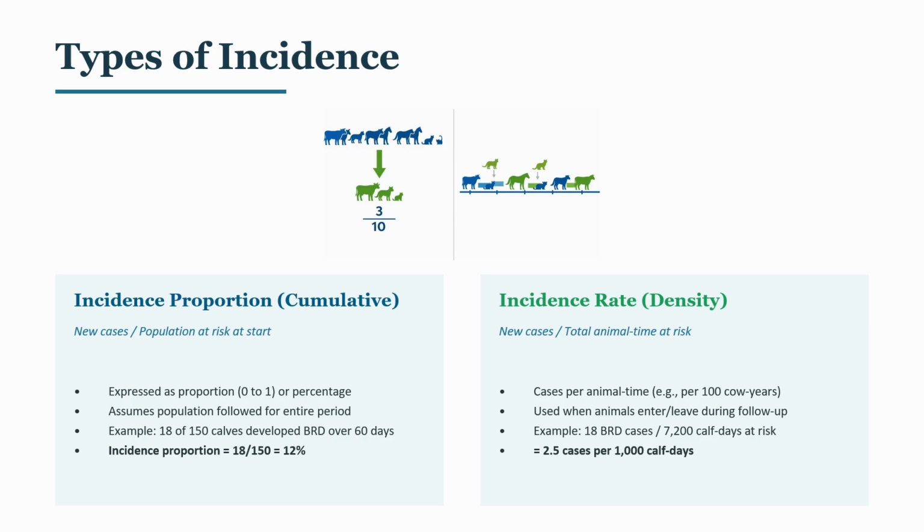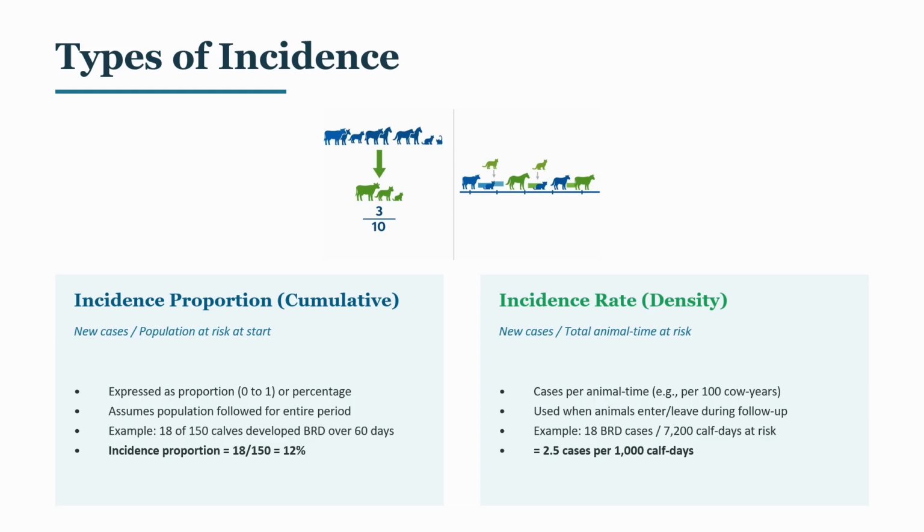The incidence rate has a useful interpretation. It represents the instantaneous rate at which new cases are developing in the population. It's directly comparable across populations with different follow-up times and different sizes, which makes it the measure of choice for large epidemiological studies and surveillance programs.